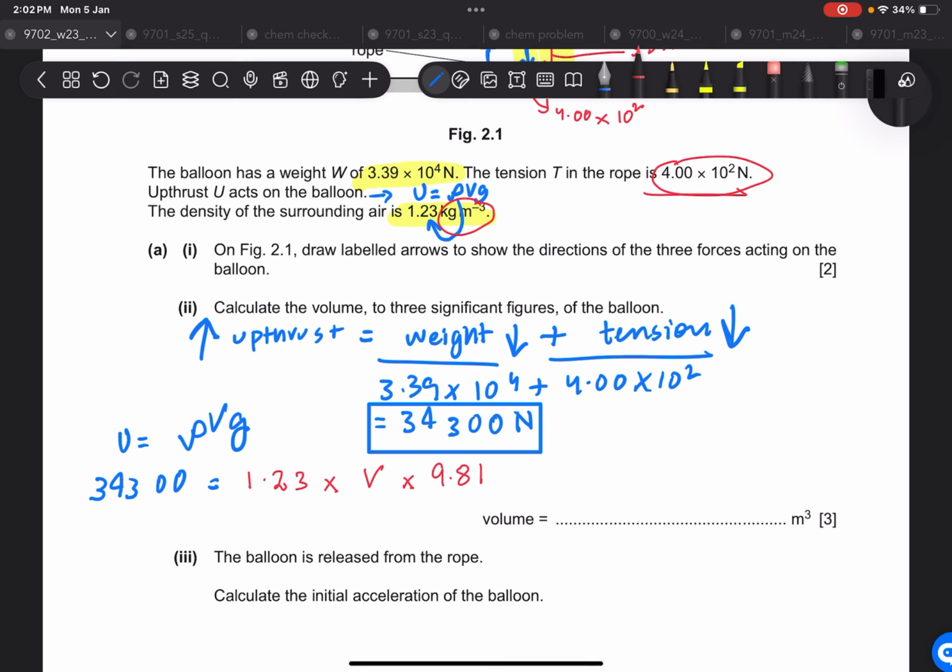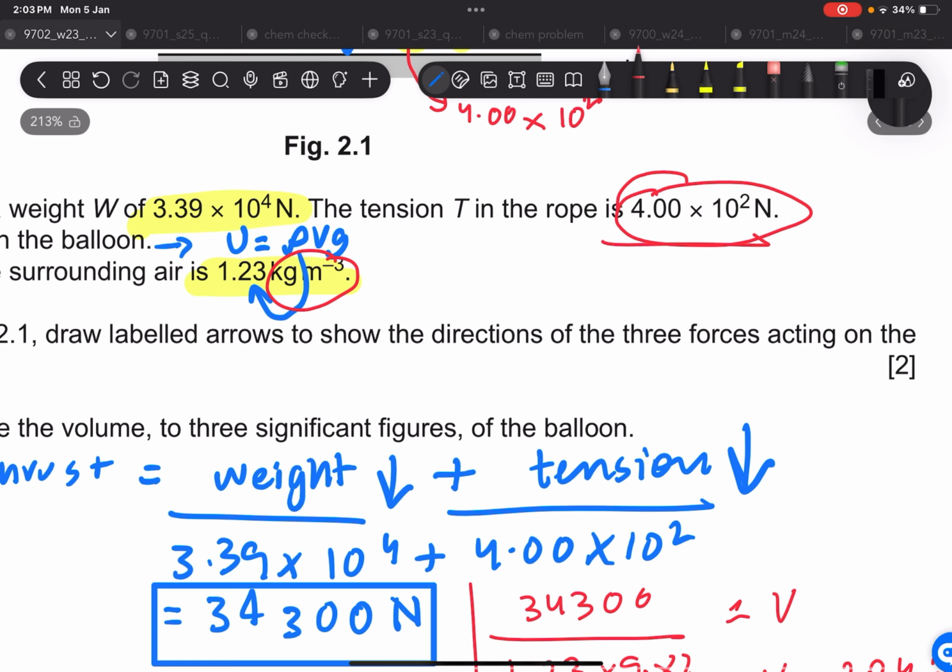Just rearrange it. It's going to be 34300 divided by 1.23 times 9.81 equals my volume. Let's see what this gives us. 34300 upon 1.23 times 9.81, and this comes out to be 2842. Now I look at the significant figures in the question.